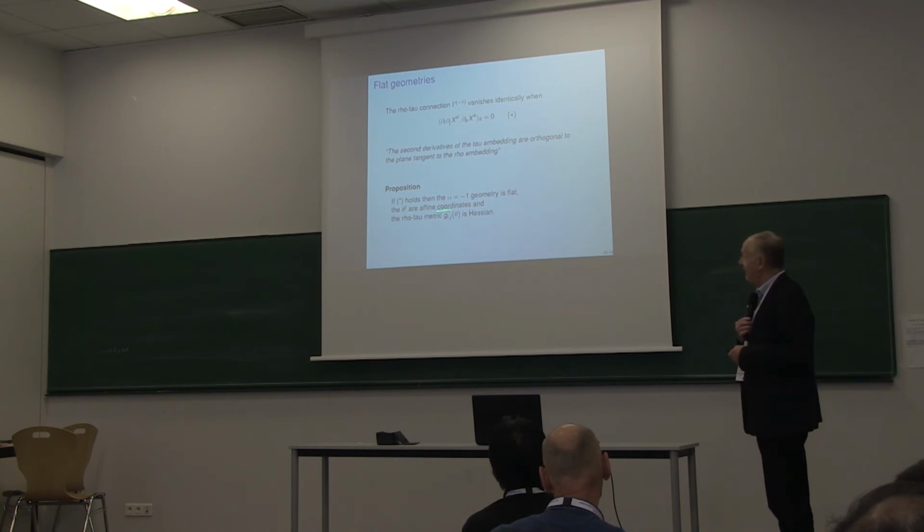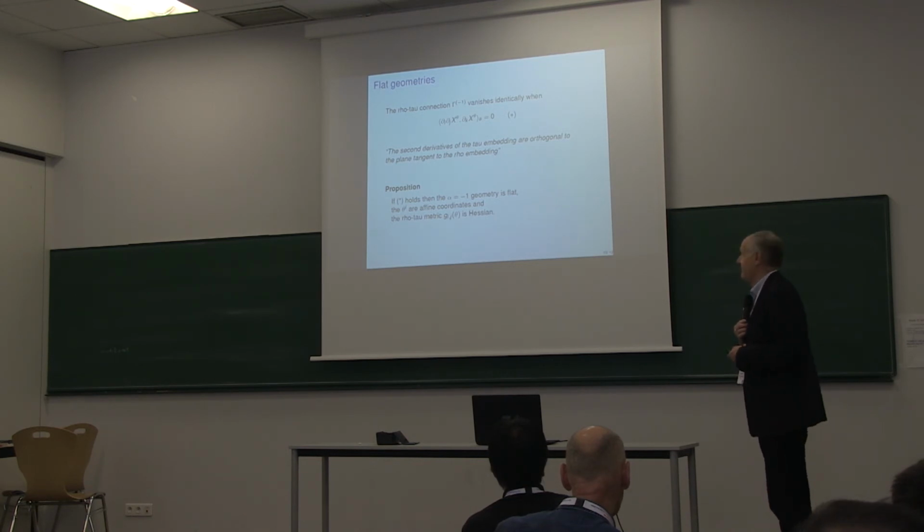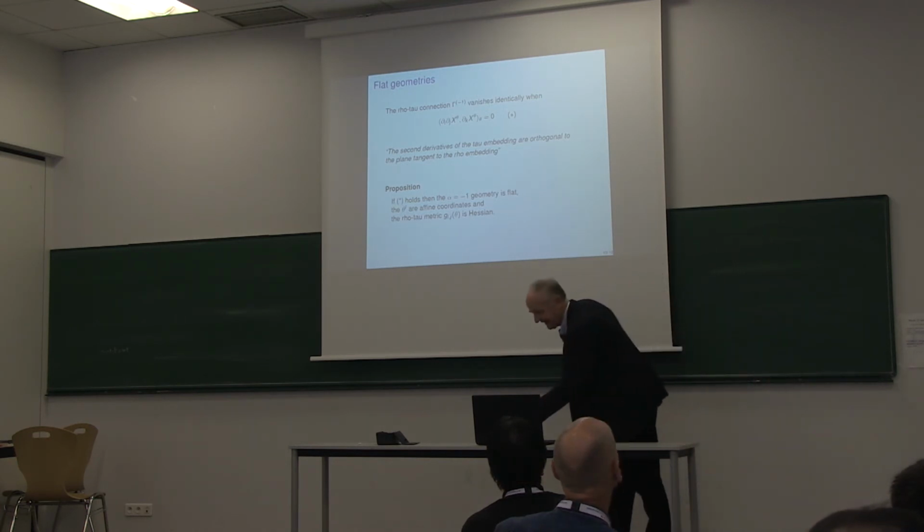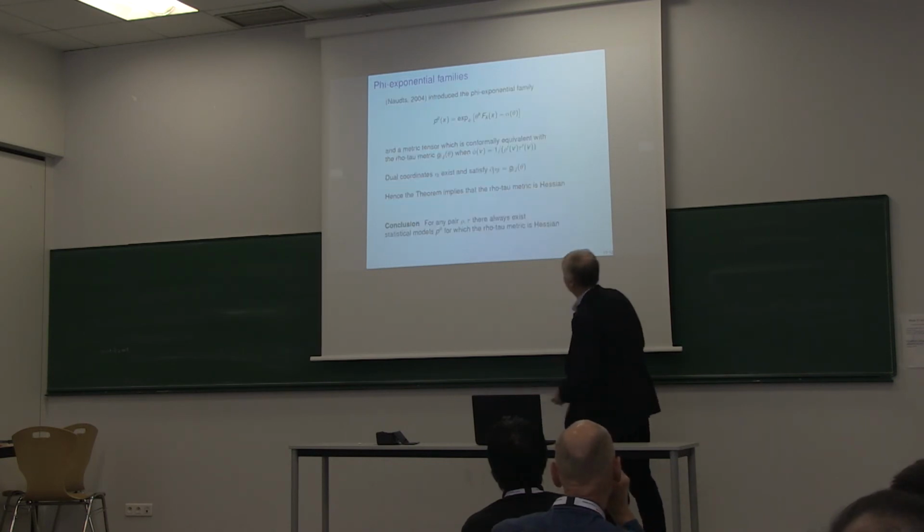So when there's a flat geometry, alpha minus 1 vanishing, automatically it's a Hessian metric, which means that if my metric is not Hessian, then you cannot find a flat geometry. Turning the theorem or the statement the other way.